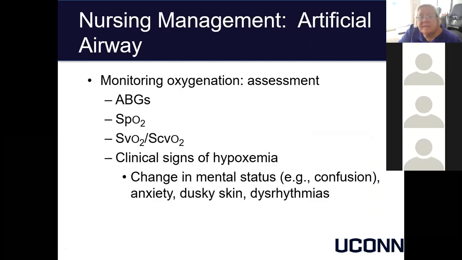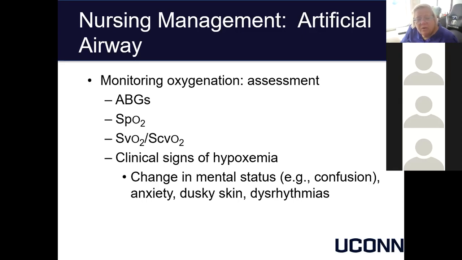Anytime we're monitoring somebody with an artificial airway, we want to make sure their O2 sat is maintained. We're always assessing for signs of hypoxemia. If they're in an acute situation, blood gases are done more often.